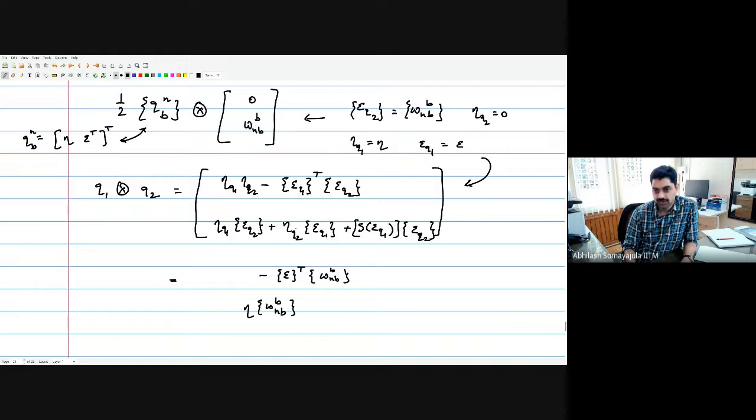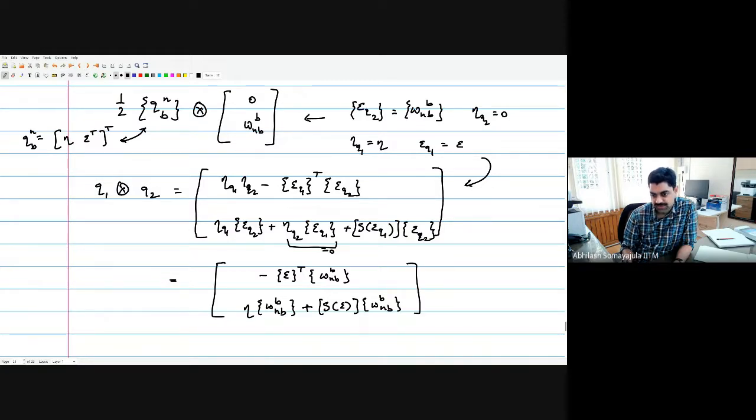Eta q2 is 0, so this term is 0. And now we have the skew symmetric matrix with epsilon times omega_NB.